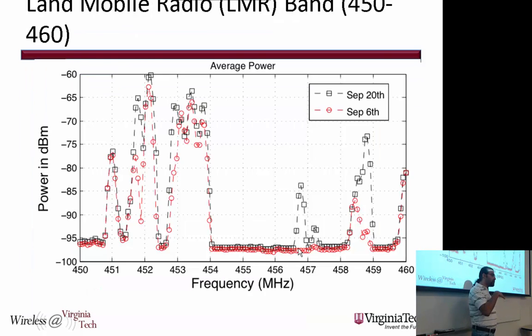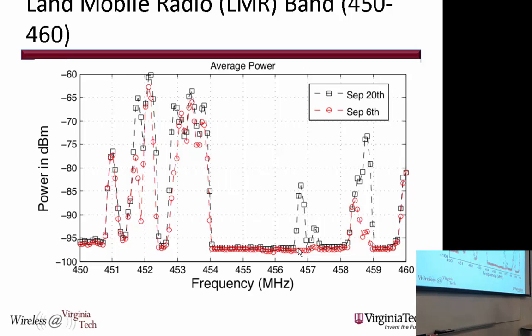From the data that we got from the VT Sports website, this was supposed to be the game that had the most attendees in the stadium. So looking at the land mobile band in 450 to 460, we can see that in total, the average is always higher on game day over almost all bands.